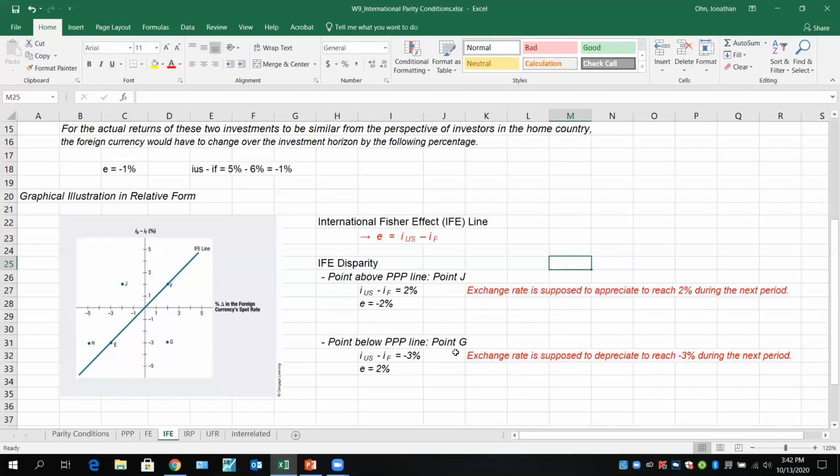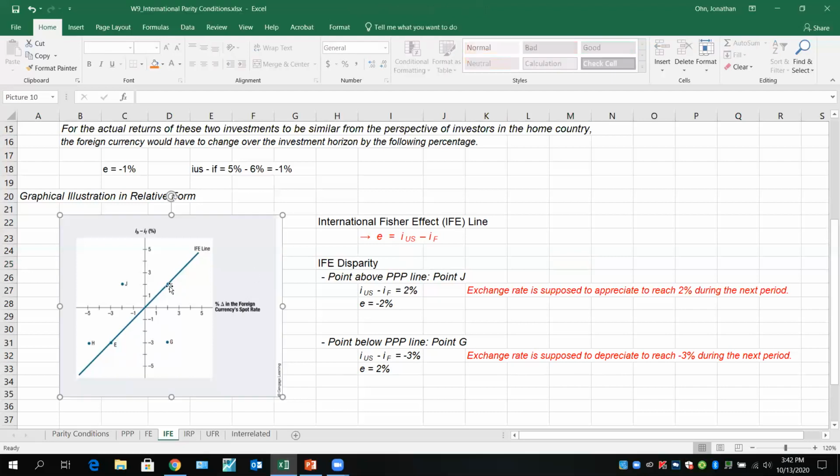But if interest rates in these two countries change a little bit, then this one might not go straight, it might go this way or this way, until it hits this IFE line, right?